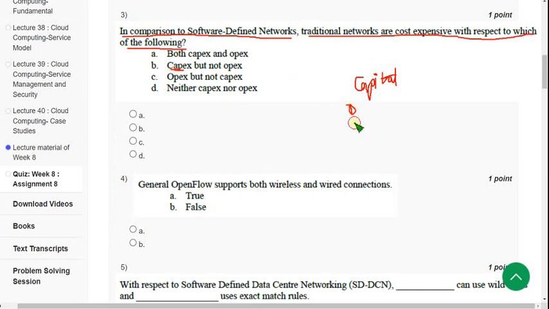OPEX means operational. So here what is the answer? Capital expenditure and operational expenditure. So here the answer is option A. Both capital and operational expenditure is more than software defined networks for traditional networks. So mark option A.